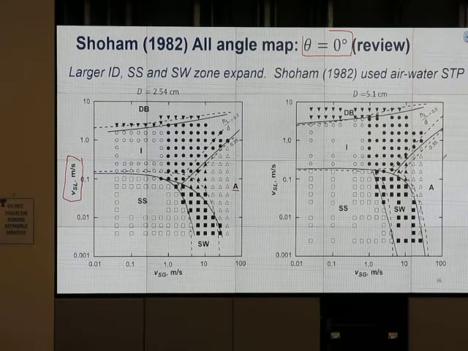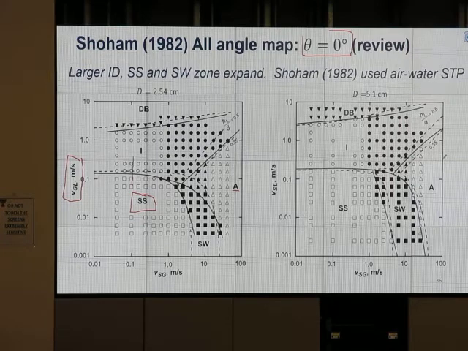When I look at this, you can see that if I have low gas flow rate, low liquid flow rate, the most likely flow pattern is stratified smooth. Okay. If I increase more liquid, it can change to I, intermittent flow. Open symbol means elongated bubble flow.